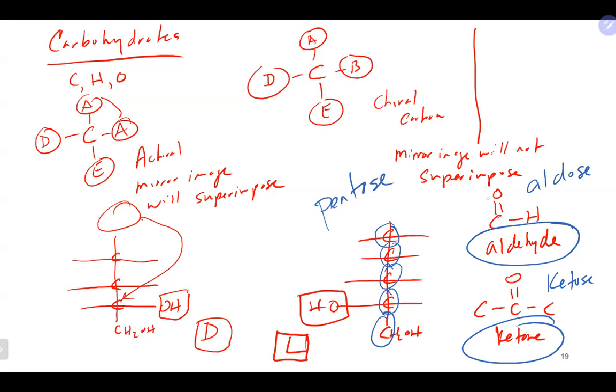Just like in organic chemistry, if it does have the aldehyde group, it will always be at the very end like this. And just like in organic chemistry, if it's the ketone group, it will never be at the end. So you'll have something like this, with a carbon double bond there.